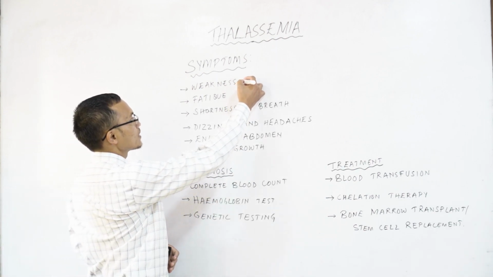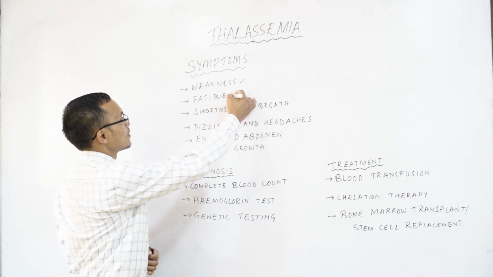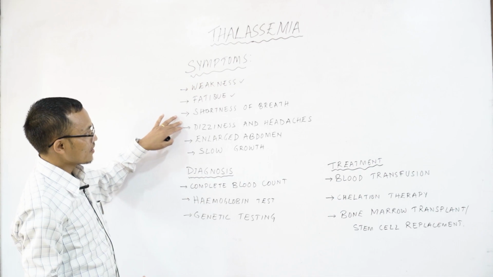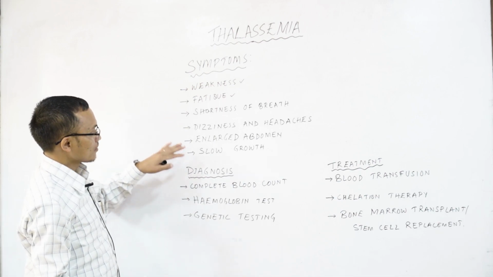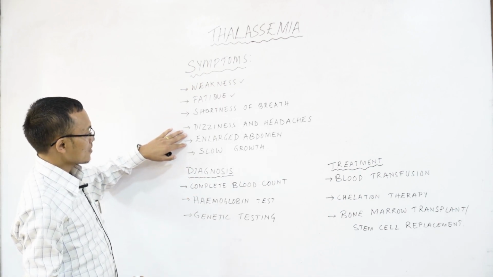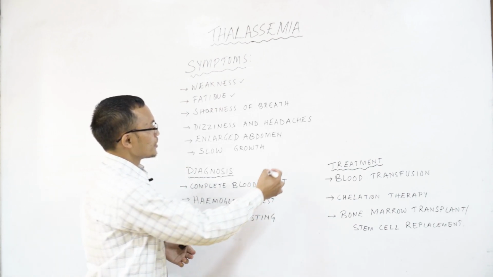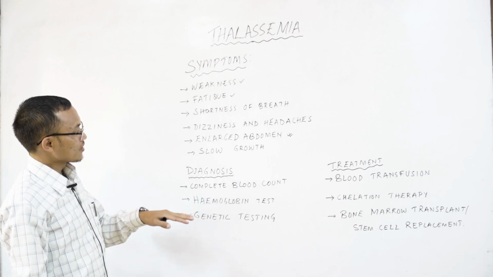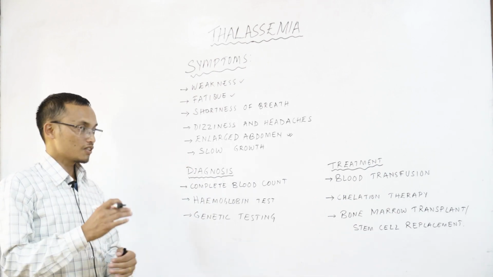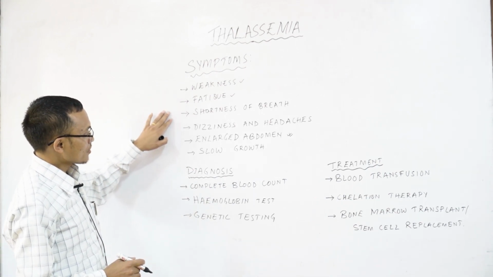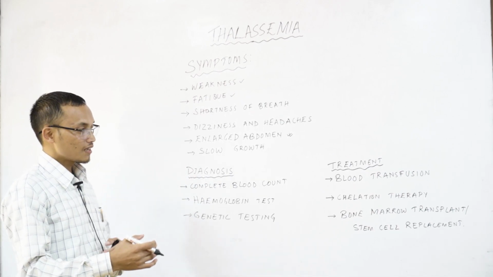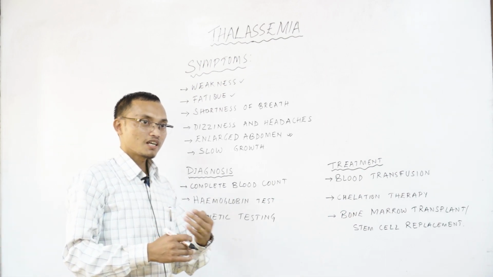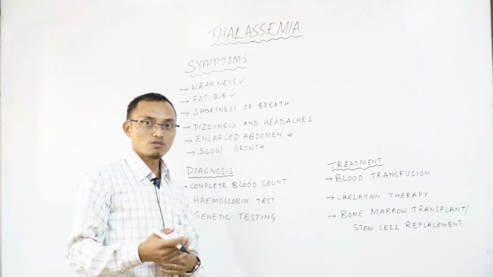That includes weakness or fatigue, shortness of breath, then we have dizziness and headaches, and because of the less RBC, there will be an enlarged abdomen, and of course in general there will be slow growth of the child. And these symptoms, depending on the type of thalassemia that we have seen previously, will show when the child is 1 or 2 years old.